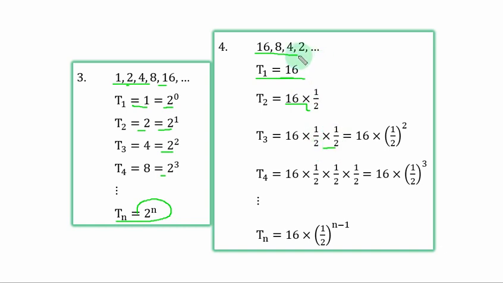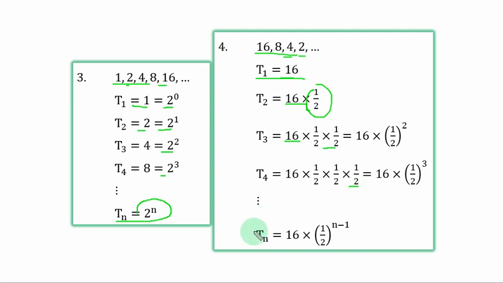And to get this term, you multiply by 1 over 2 again. In other words, you are dividing this term by 4 in order to get this term. And you can express 16 over 4 as 16 times 1 over 4. In order to have this term to be common, you can write 1 over 4 as 1 over 2 times 1 over 2.